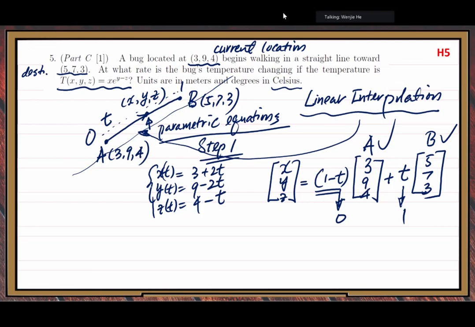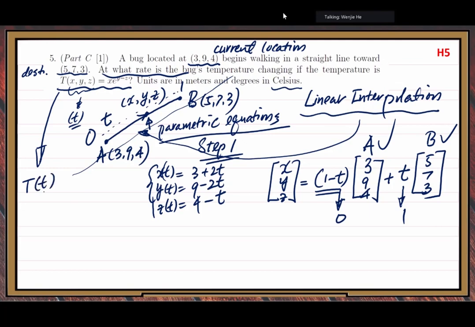Step 2. Because the goal is the temperature rate of change, at what rate? Each of the variables x, y, z can be written as a function of t, so capital T can be written as a function of little t.